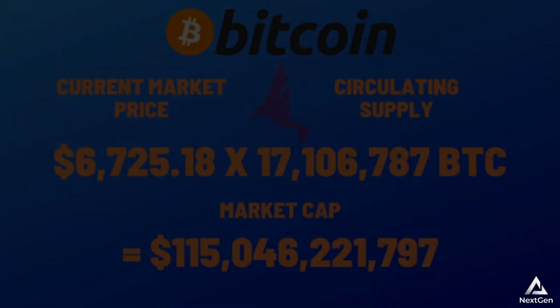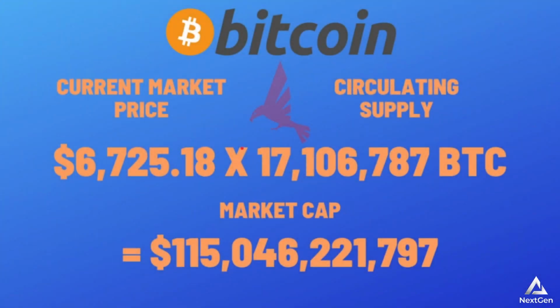So following up on market capitalization, we'll take a look at an example of a Bitcoin market capitalization calculation. So once again, market capitalization is the current market price times the circulating supply. So let's say at this current time, Bitcoin is worth $6,721.18 per coin. And this may be far off.